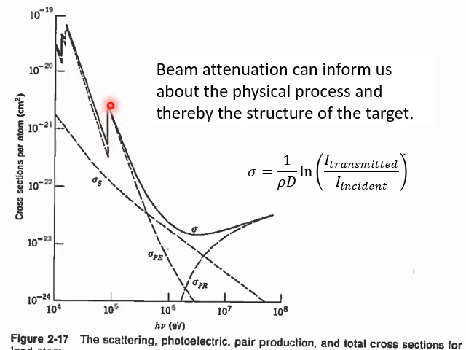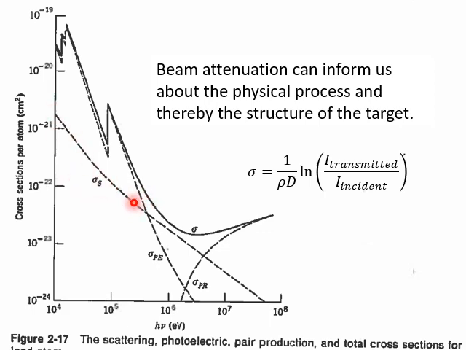And then we look at this spectrum and attempt to interpret what's going on. So there's a lot of information in a curve like this, and that can be used to develop the models for what the interactions actually are.